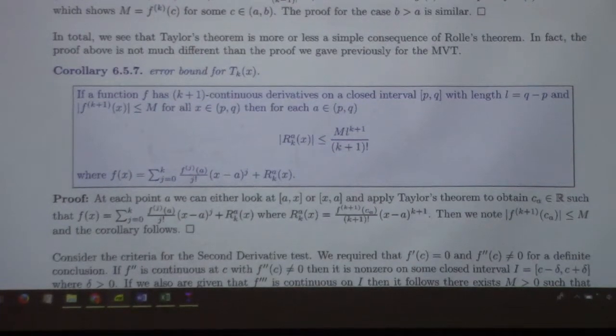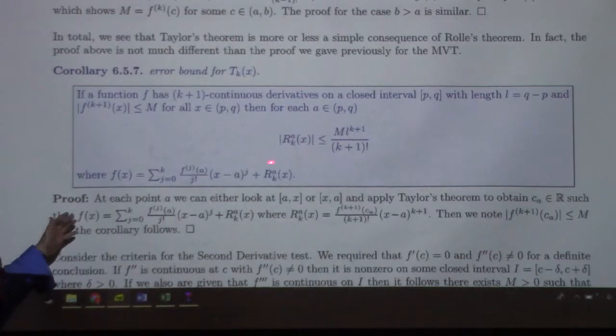That is equivalent to saying that the kth remainder term of the Taylor series goes to 0. So an alternative definition for analytic would be that the remainder of the kth Taylor polynomial goes to 0 as k goes to infinity.